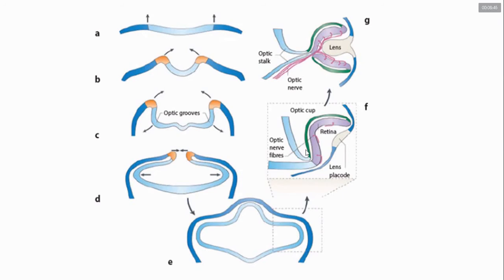Gradually you can see this pouching, and it forms two layers. The outer layer differentiates into the RPE, and the inner layer differentiates into the neural layer. This is very important for you to understand, because we will come back to the embryology in the subsequent slides.